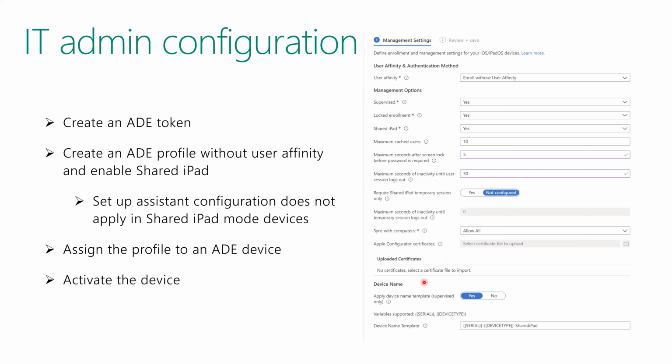So allow all, and then apply device name template. You can apply the device name template also, which means the serial number, then device type, which will be iPad, then shared. So the name of the device in the Intune console going forward for this profile would be the serial number of the device, dash iPad, dash shared iPad. That's how it is.